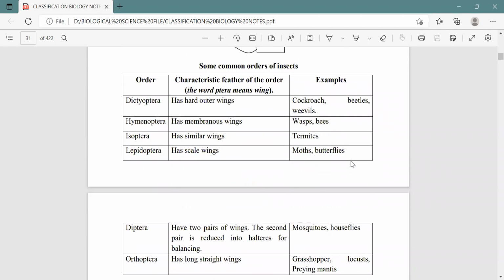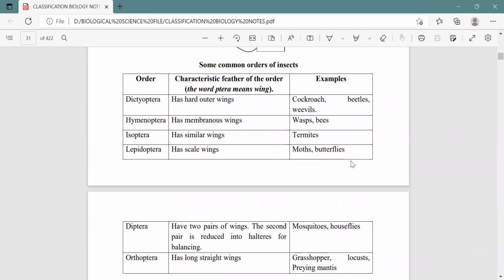Now, you see that table there, in your exercise book, please note down those common orders, because when they are assessing you, they may give you an order, but they tell you to write examples of insects in that order.